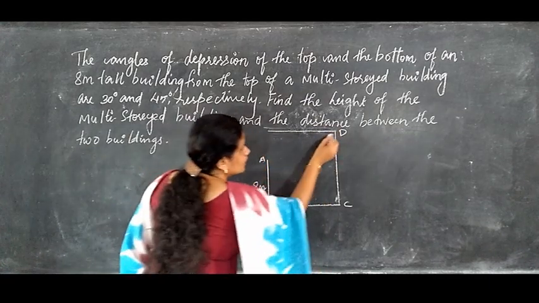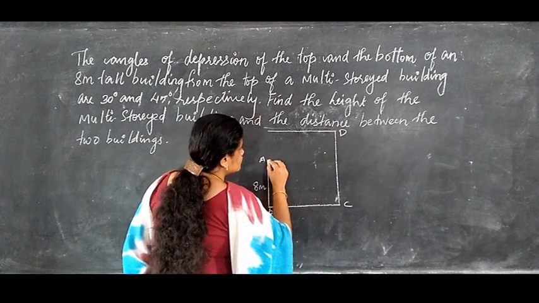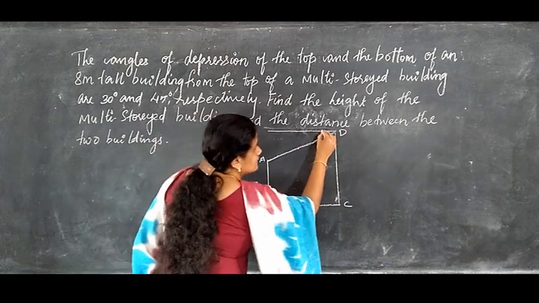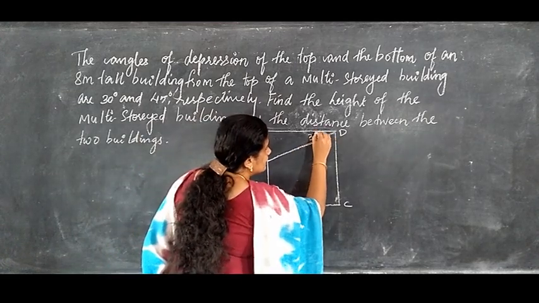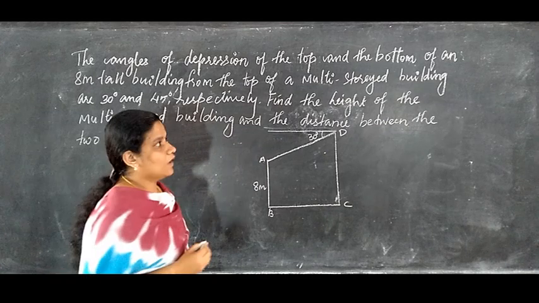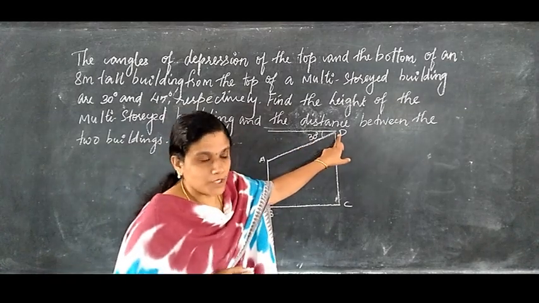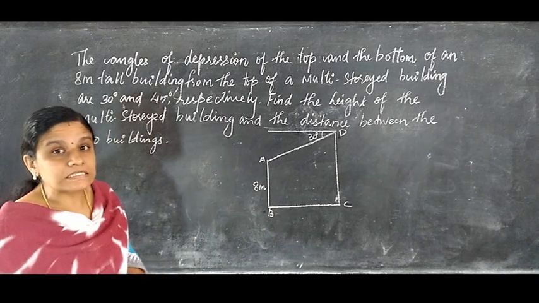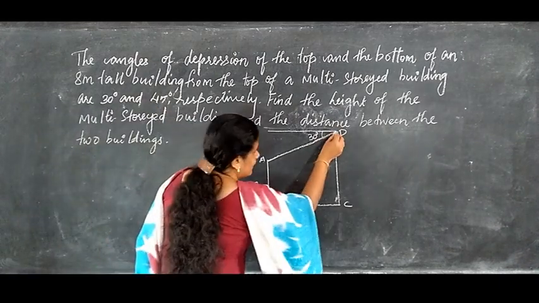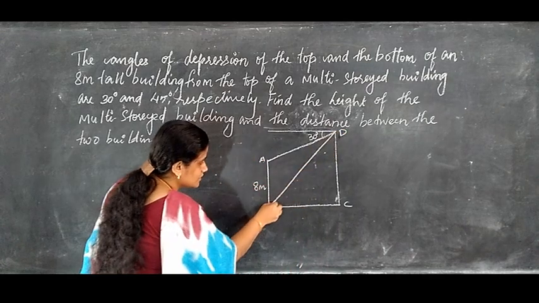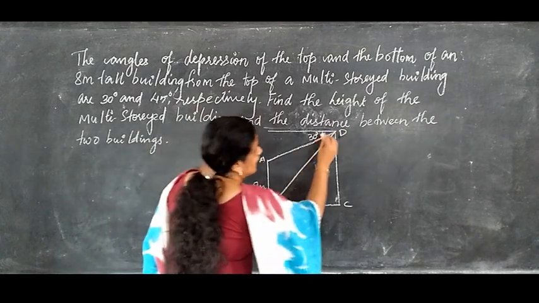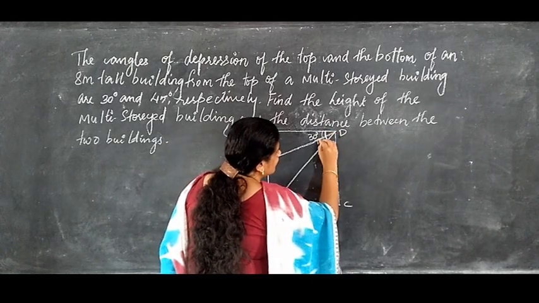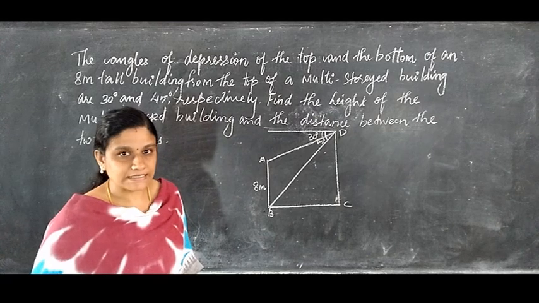The angle of depression to the top of the building is 30 degrees. Now from the same top to the bottom of the building, the angle of depression is 45 degrees. Is it clear?